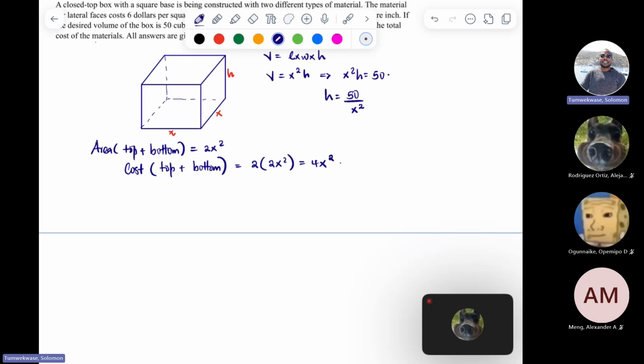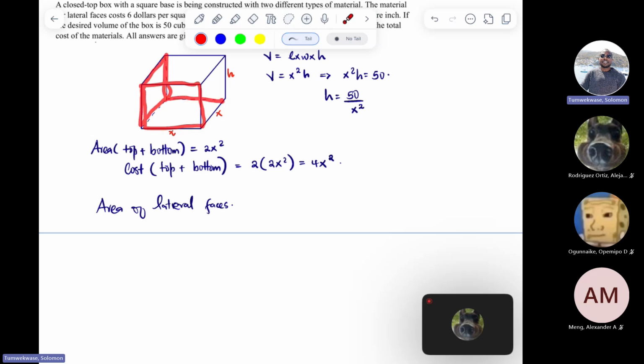Now the total area for the lateral faces. Once again, this is the first one, this is the second one, this is the third one, then the fourth side here, okay?